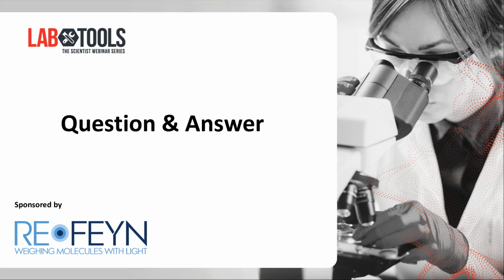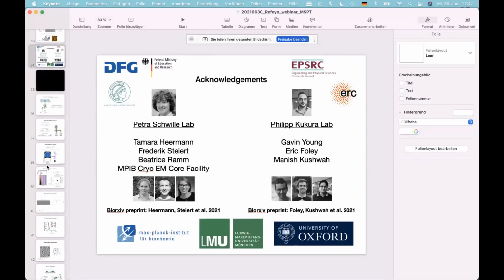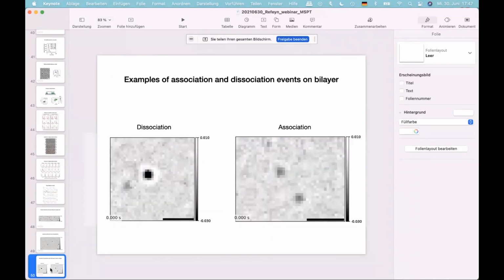But maybe you can switch over to my screen again. I have a nice video that Manish and Eric have taken for the Dynamin case. Is my screen shared? Yeah, okay. If you just want to go into full screen mode.